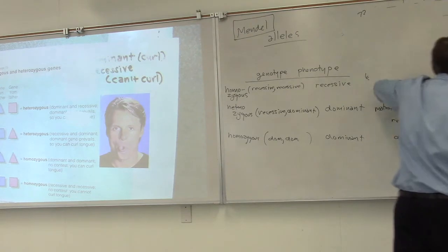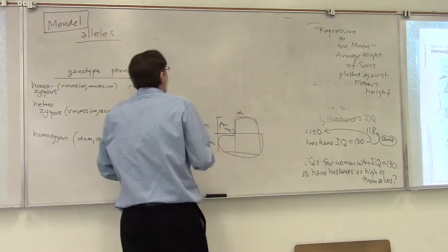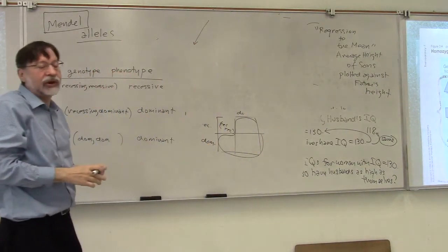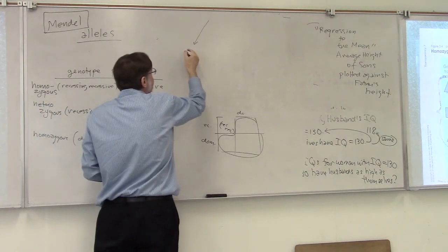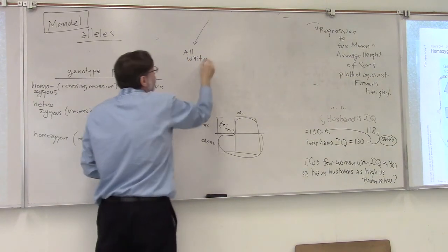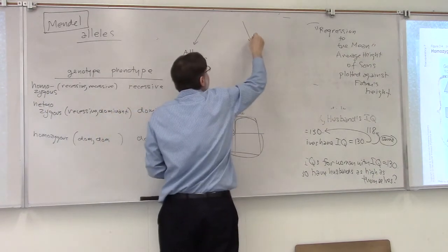Here's one of the first experiments Mendel did. He bred flowers so that he had only white flowers and no pink or red flowers being grown. So these are pea plants that are all white. He breeds back only white, and he has all reds.